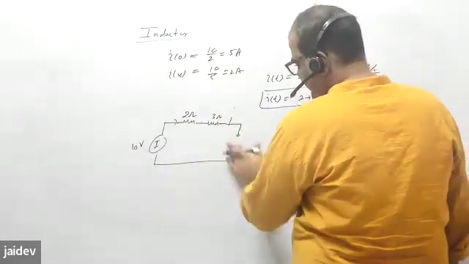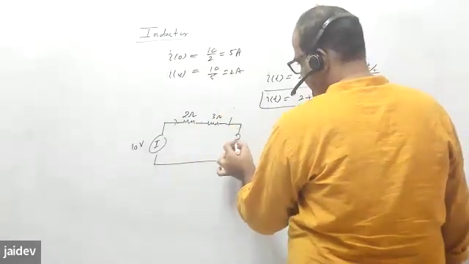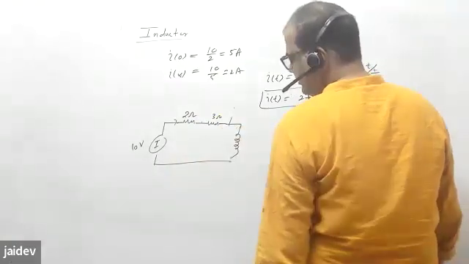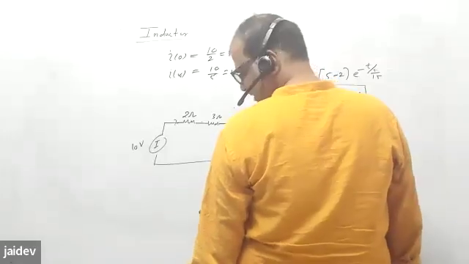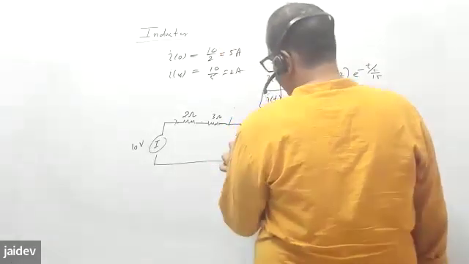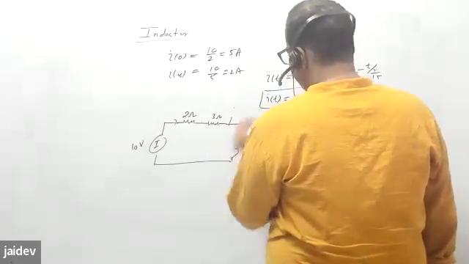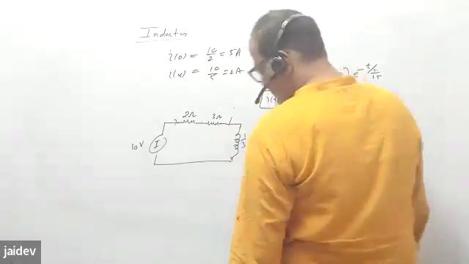And now you have here an inductor. The inductor value is 1 by 3. And now you can check whether this equation is right or wrong.